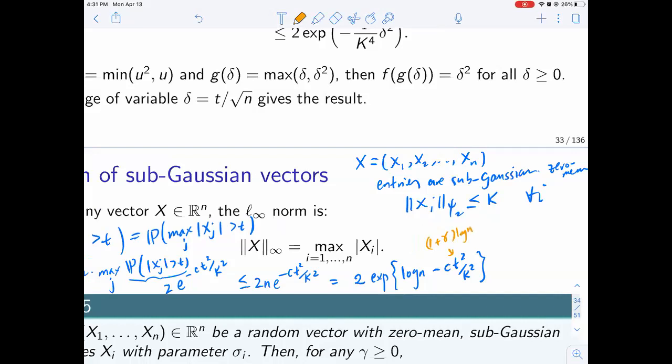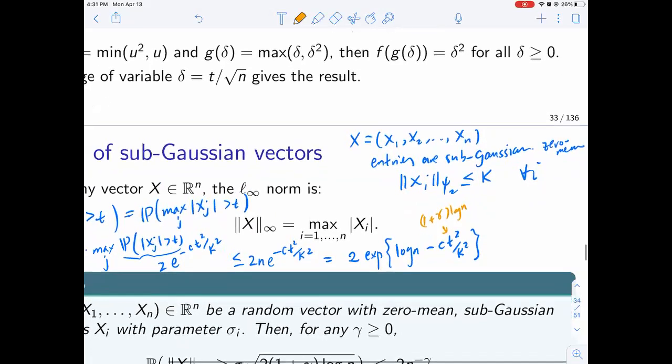Then what I would get is that t would be the square root of 1 plus gamma times k squared by c times log n.